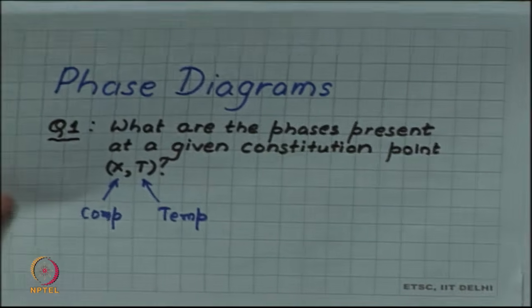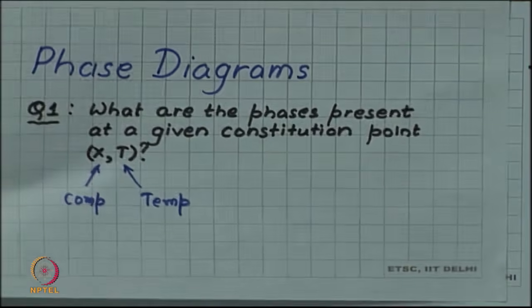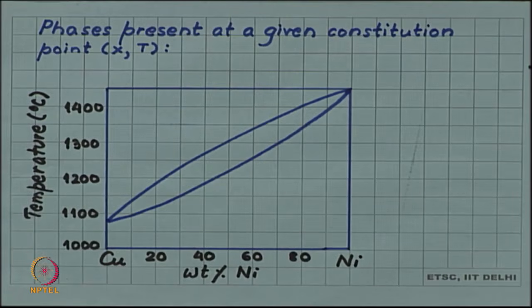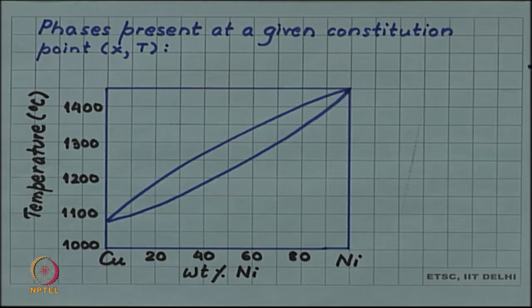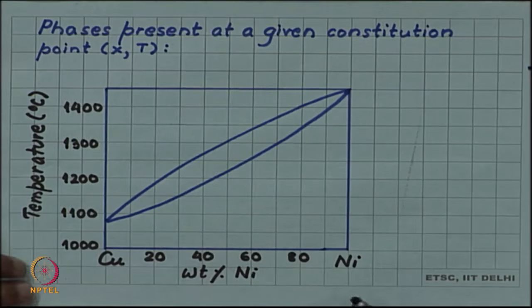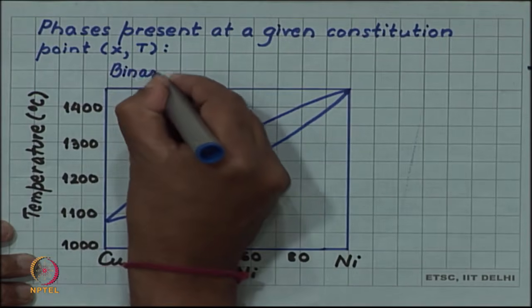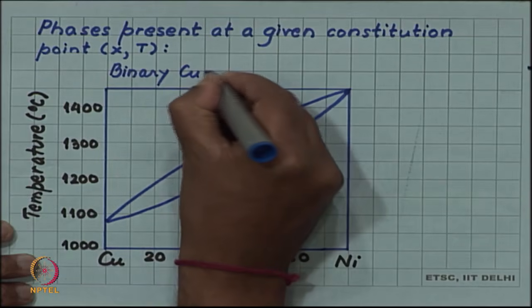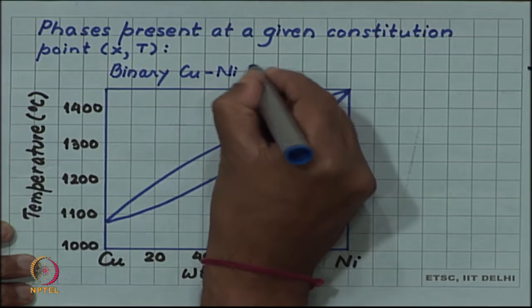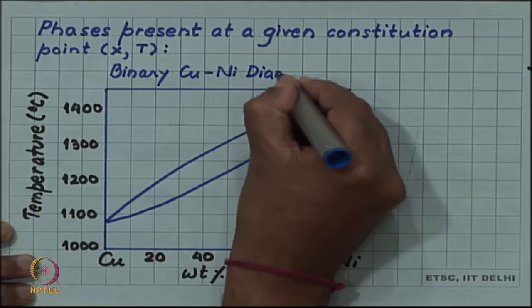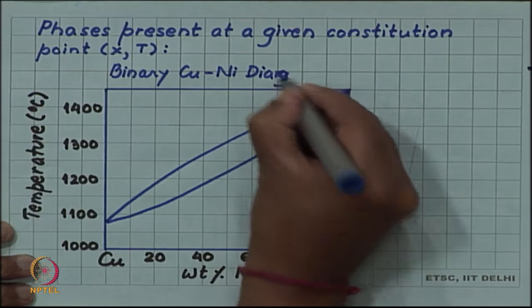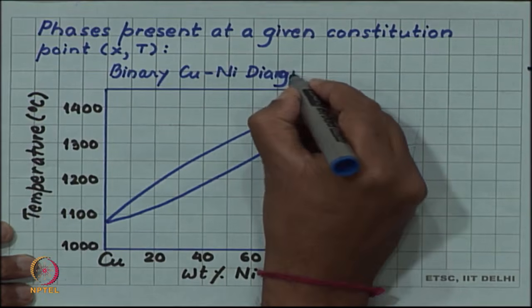This is a very important and a very direct question, and can be answered very simply by just looking at the phase diagram. So, remember, we come to our familiar binary copper nickel diagram. We have been using this, in fact, we have introduced only this phase diagram as yet.